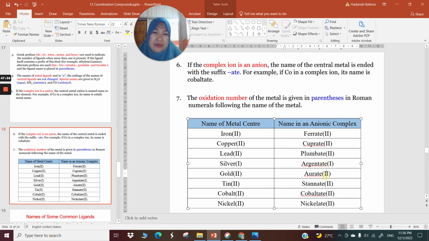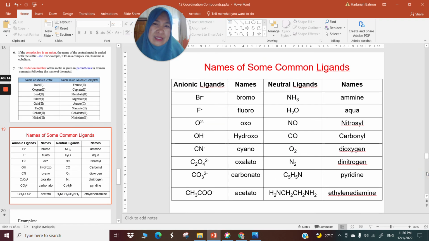Gold becomes aurate. Tin becomes stannate. Cobalt becomes cobaltate. Nickel becomes nickelate. Yeah. When the complex ion has a negative charge, you end the name of the metal with ATE.